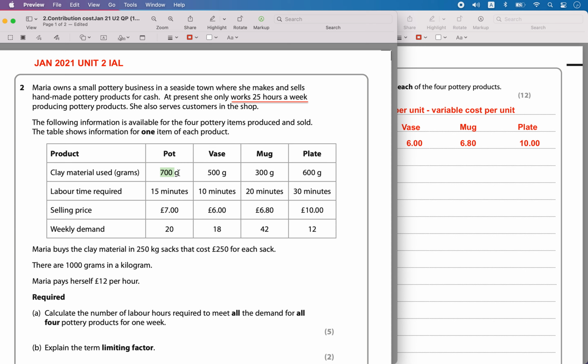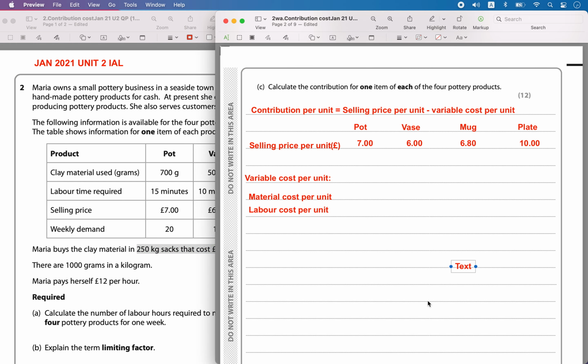So let's see the material cost per unit. 700 grams is the amount of material required, and she buys the clay material as a 250 kg sack that costs 250 pounds for each sack.